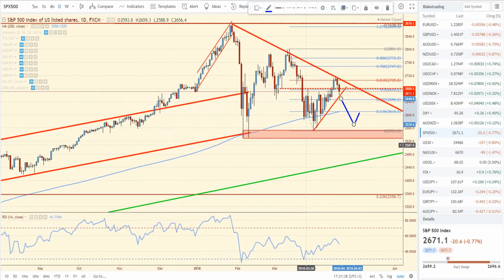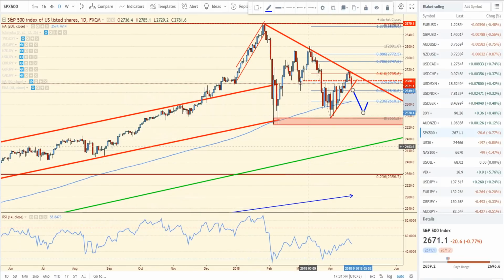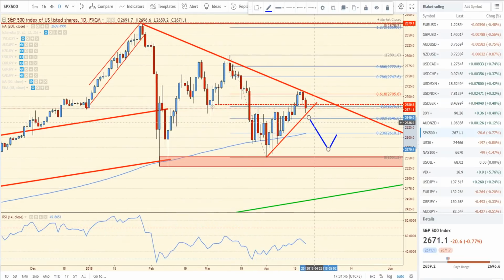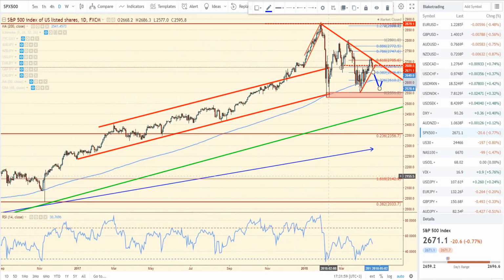I'm looking at the S&P as being in a consolidation wedge type of pattern. And the risk is that the S&P could break lower here and push back towards 2550 or 2520, which is really going to be the spike low key support level for the S&P.